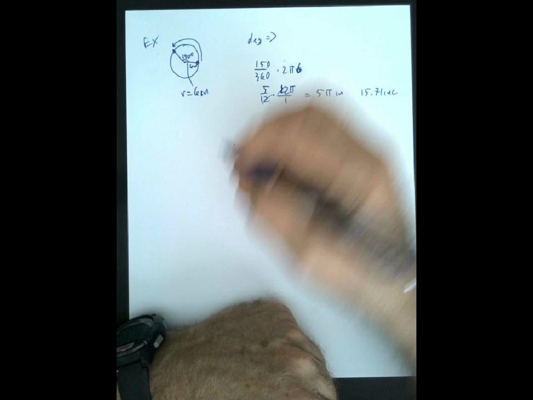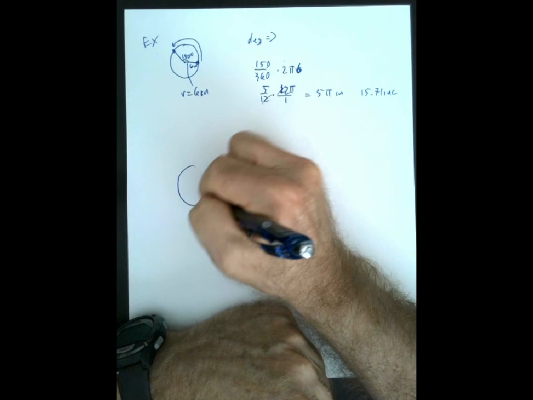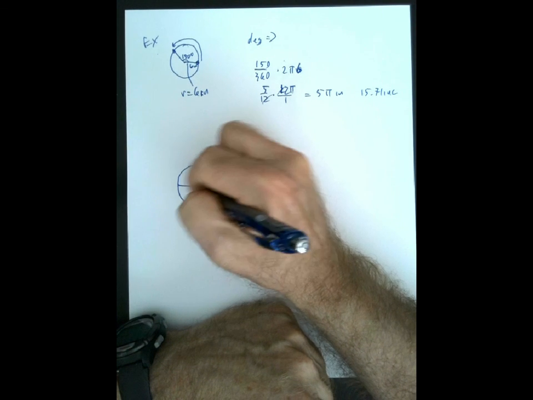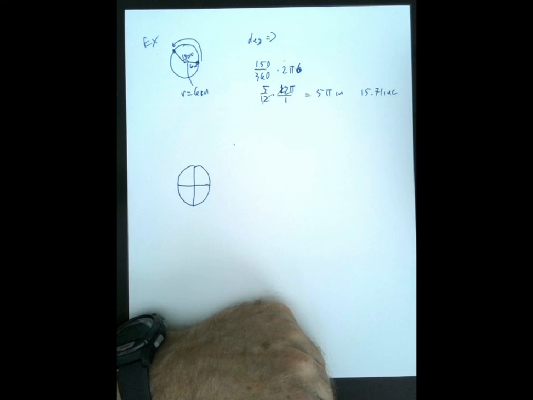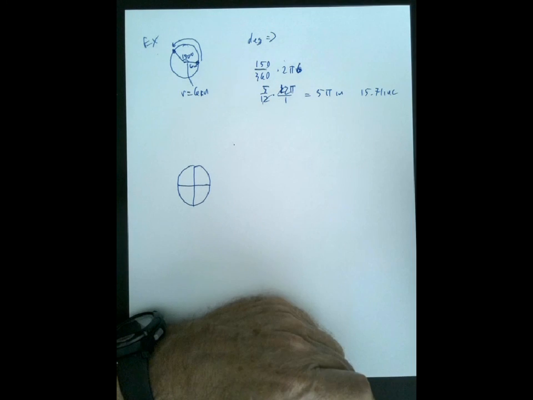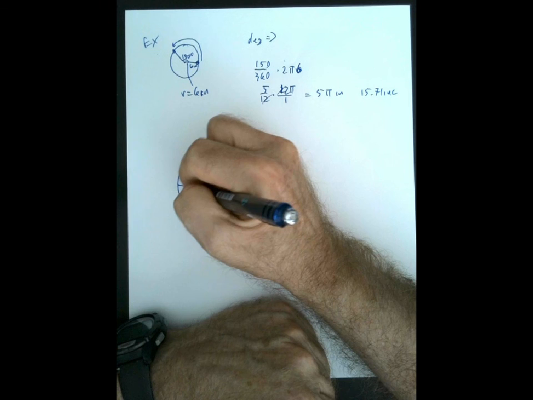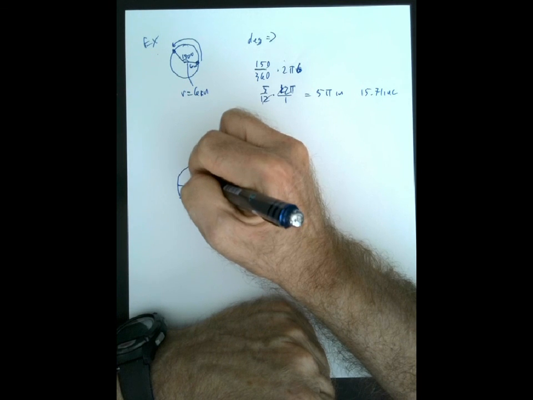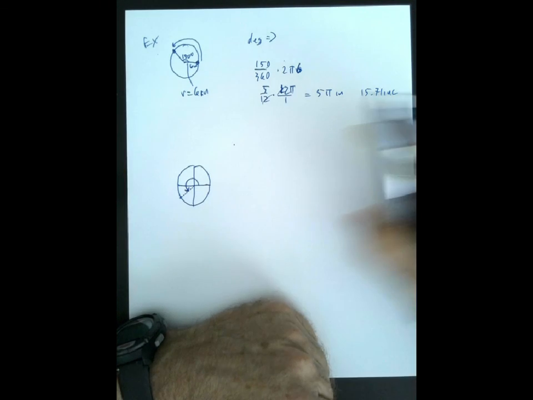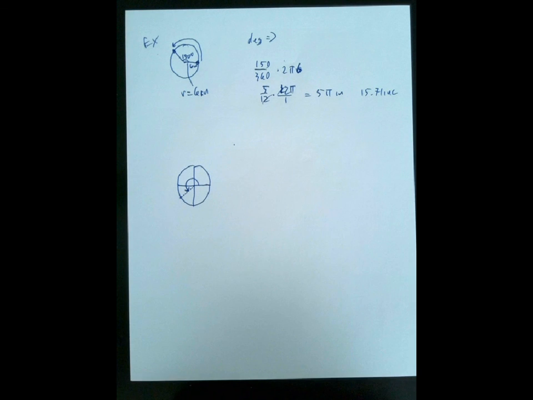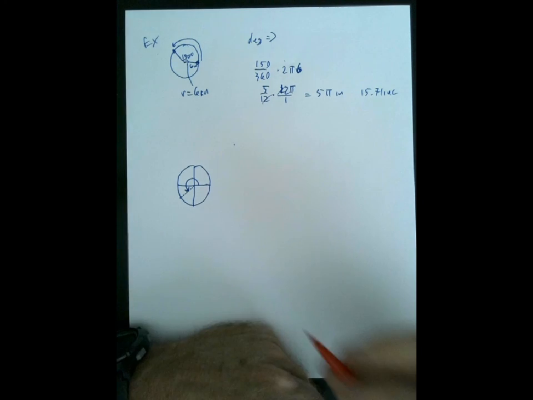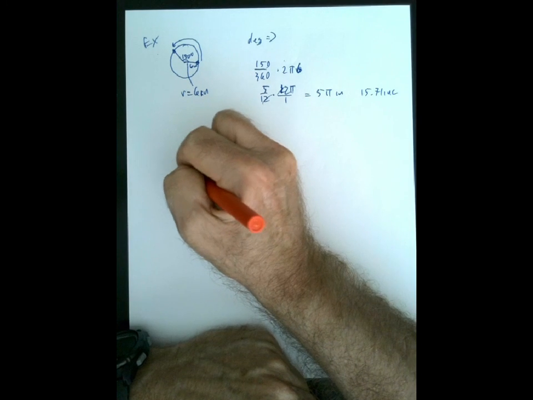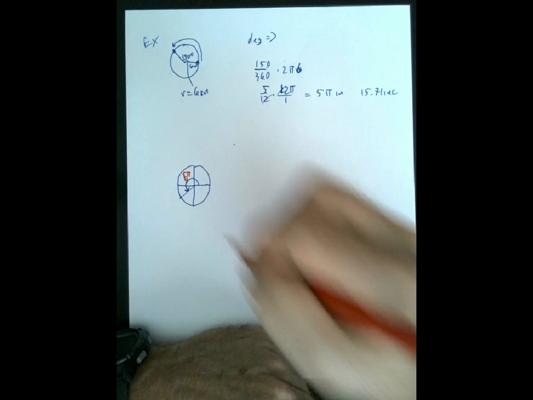Or what if here's another circle? Not making my pictures very big, huh? What if I'm thinking of an angle that is all the way over here, which is more than 180 degrees. Let's say that angle is 5 pi over 4.